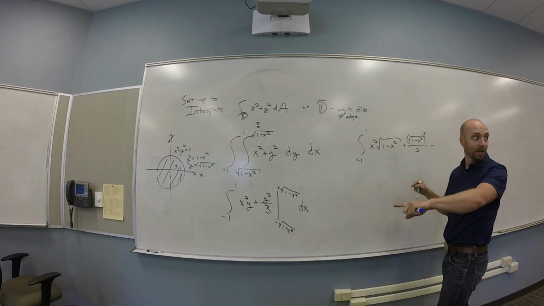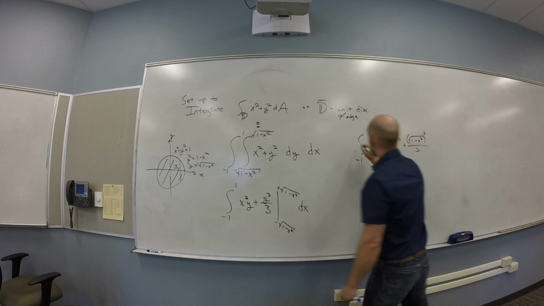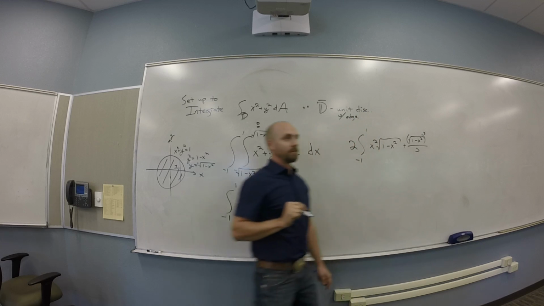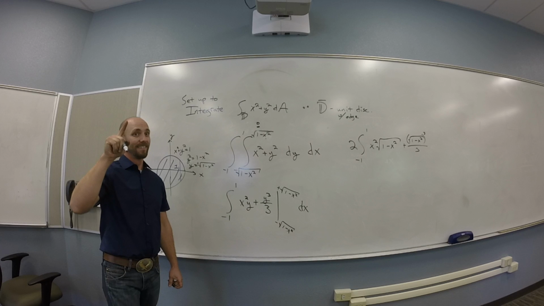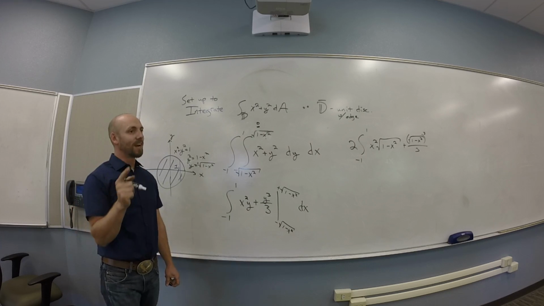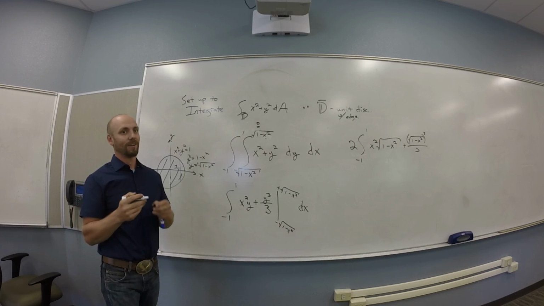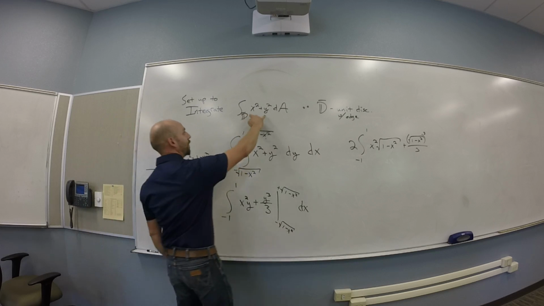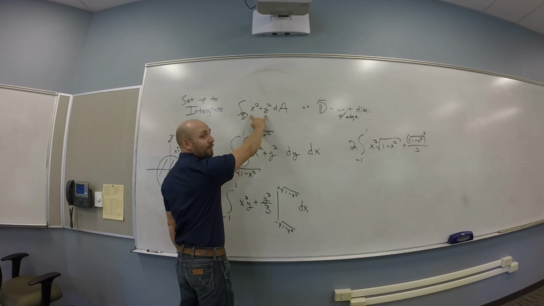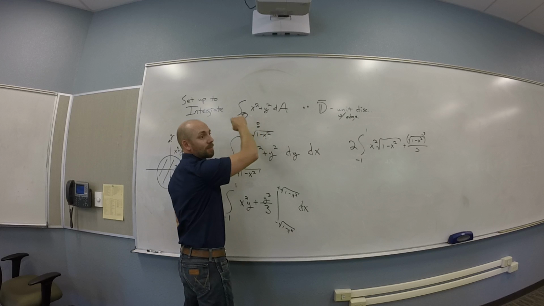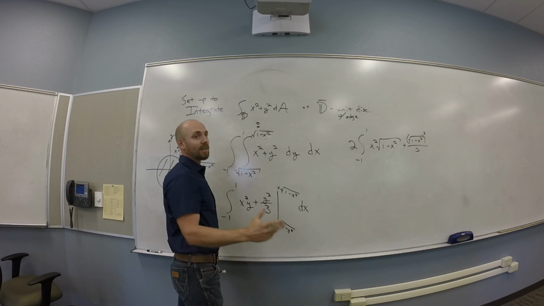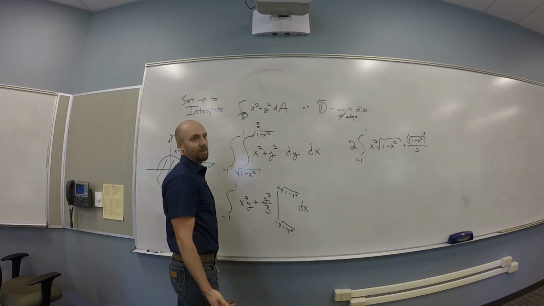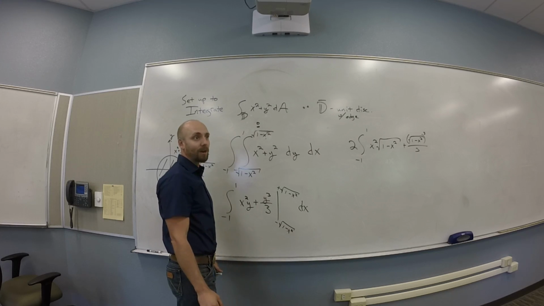I get the same thing again. So I can exploit symmetry a little bit. I could probably have exploited symmetry more, because this function's symmetrical in both x and y. So I could slim this down to the first quadrant and then multiply by 4. That's a little bit varsity, so if you didn't see it, don't worry about it.